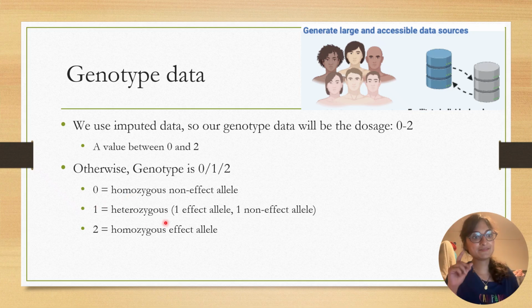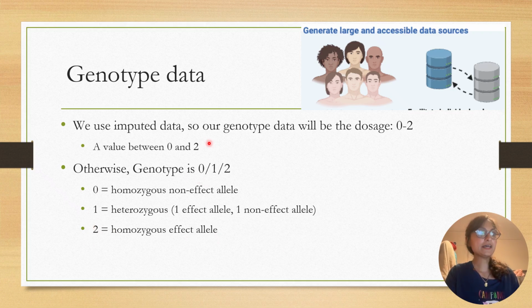It'll be 1 if from one parent they have the effect allele and from the other parent the non-effect allele. And a 2 is the homozygous effect allele: from both parents they have the same allele, and that is the effect allele. Whichever allele is the effect one that we're considering, that's what the 2 means in the genotype data.